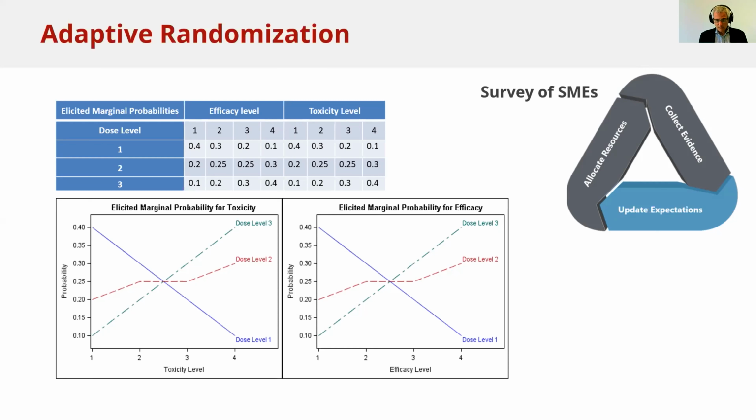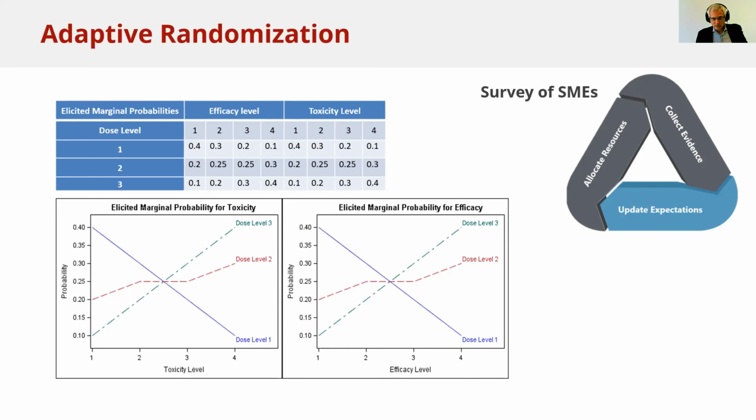So I recruit 10 patients, I look at their outcome, and based on the results of those 10 patients, I might change the randomization such that the probability going to the higher dose is higher than it is to the lower dose. So they're no longer equal probability. This is common in oncology. Well, I shouldn't say it's common. It's becoming more common in oncology where we are concerned both about toxicity and efficacy.